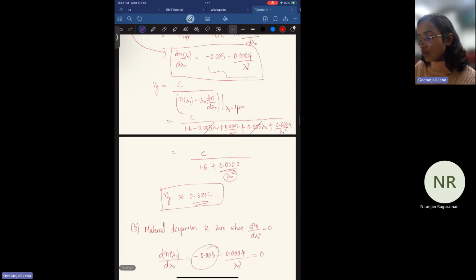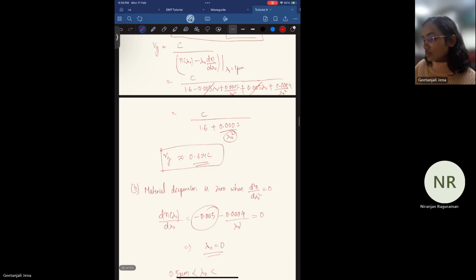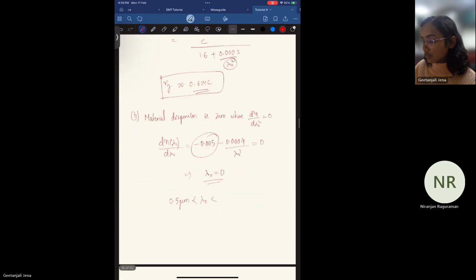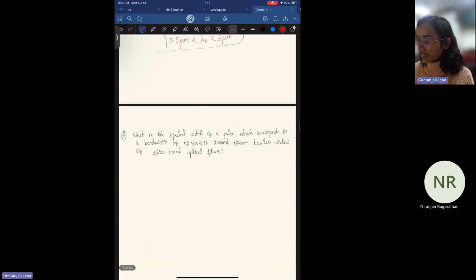So it's not possible to have 0 material dispersion inside this range, so it's not possible to have a 0 dispersion. Let us move to our next problem.